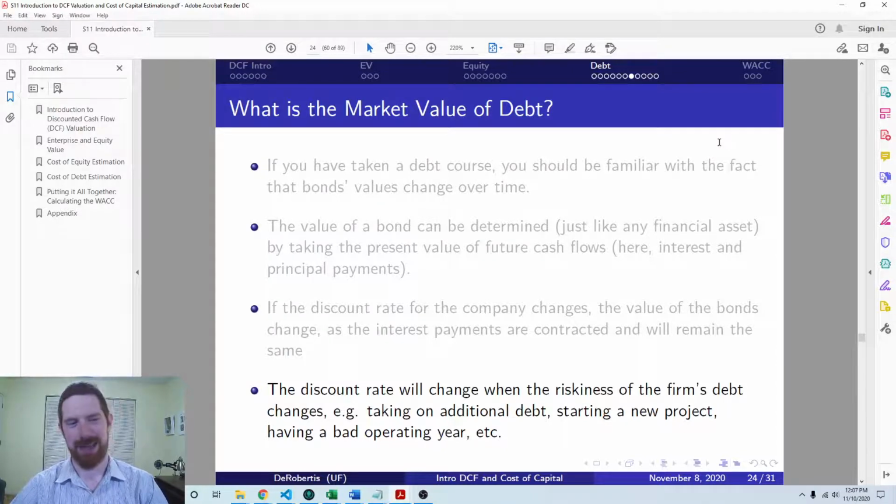A lot of things can affect that, and for most companies, it does fluctuate quite a bit over time. Some things that could affect that include taking on additional debt. If you have a lot of debt already in your capital structure, you've got to be making all these interest payments. It becomes more risky to issue additional debt and have an even higher interest payment.